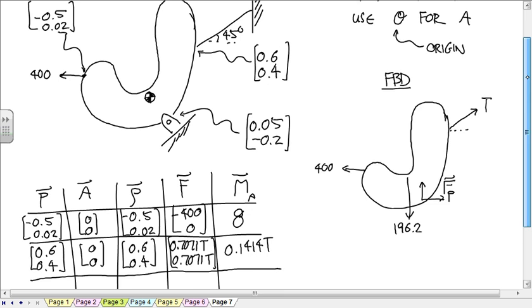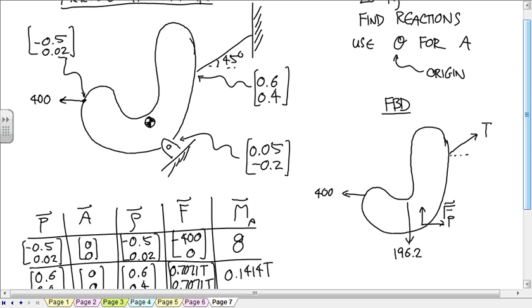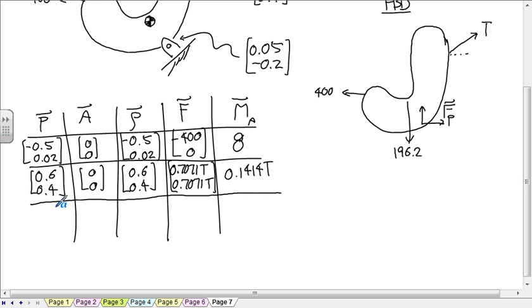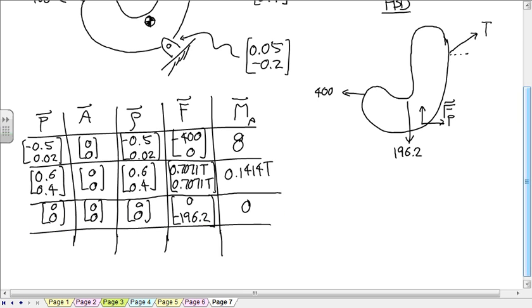And then go to the weight force. That's acting at the origin. So the row vector is 0. The force vector is 0, negative 196.2. No moment. And then the last one is the pin joint. That's acting at 0.05, negative 0.2. So the row vector is 0.05, negative 0.2.